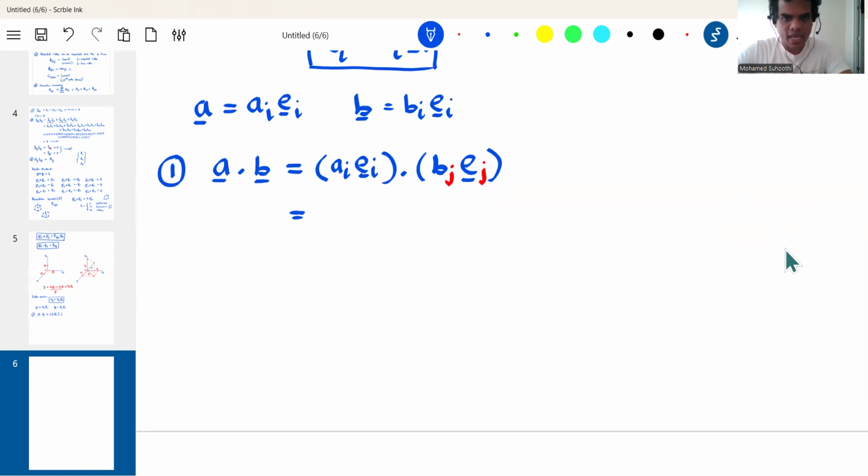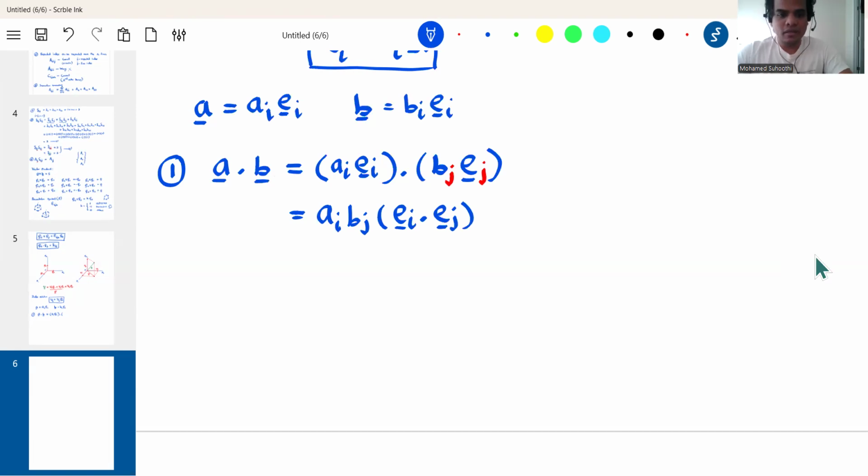Okay. So now let's combine together. Now, this ai and bj are just numbers. That is just a scalar. You can take it out because these two are the vectors. ei and ej are the vectors, right? So these two, it's a normal multiplication. Therefore, you can write ei, bj separately. So now you have, I'll put the bracket, ei dot product with ej.